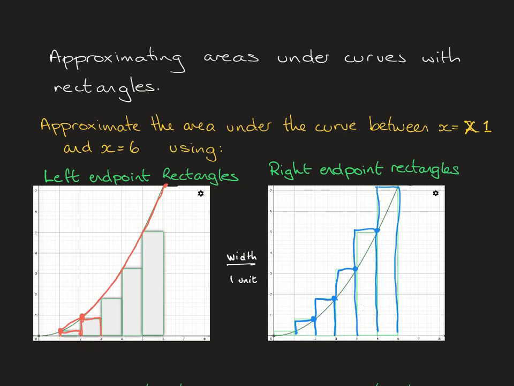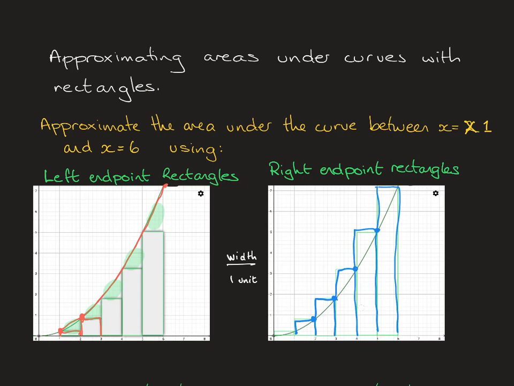Now, to find the area under the curve, I add the area of all of these rectangles together. For the left end rectangles, the actual area that I get from my rectangles will be less than the actual area under the curve, because you can see that it's actually missing little bits here. So this will be an underestimate.